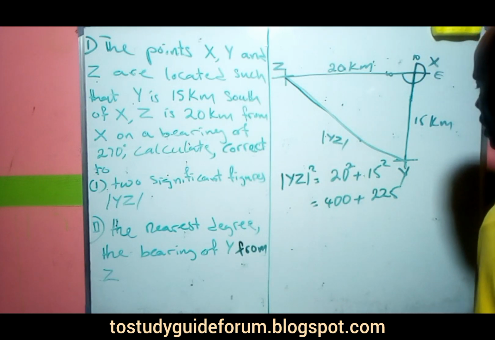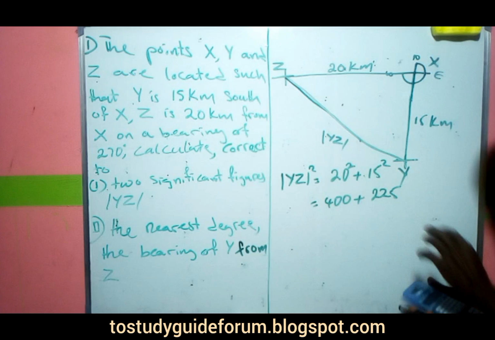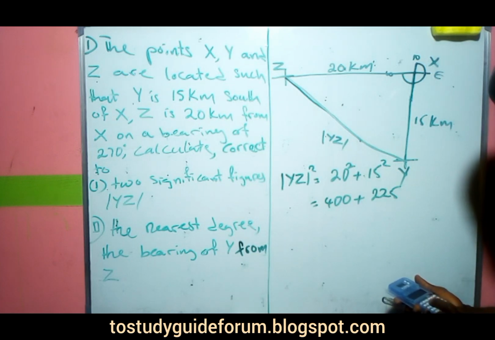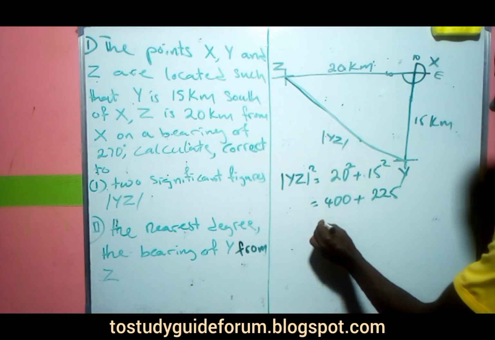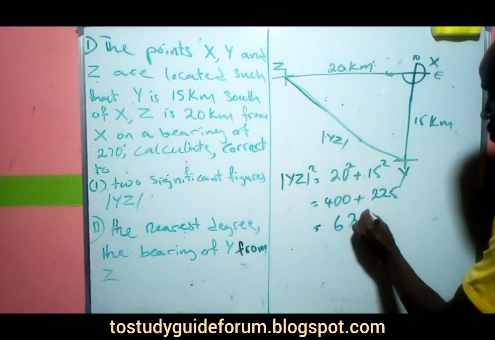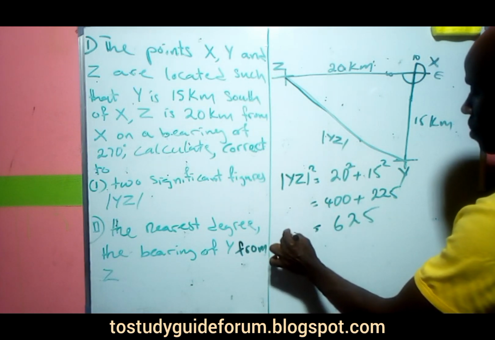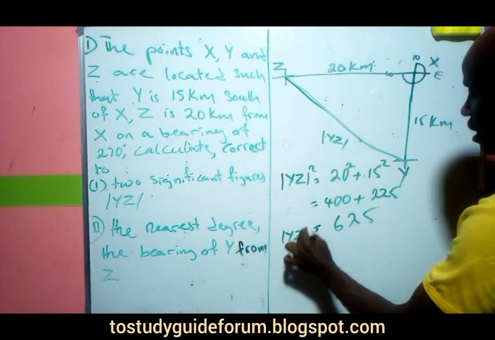Now the next thing we do, we add it up. 225 plus 400, that will give us 625. YZ squared is 625.